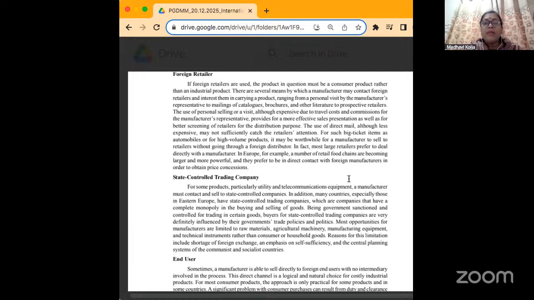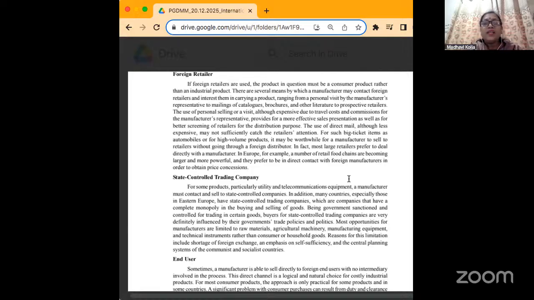It can be a personal visit by the manufacturer's representatives to the retailers' outlets in a different land, or it can be through mailing of catalogs, brochures, and other literature to prospective retailers. A personal visit or selling is a little expensive in the short term.